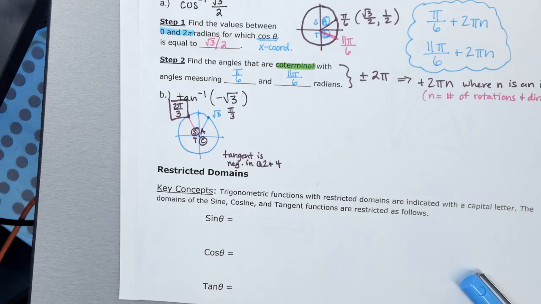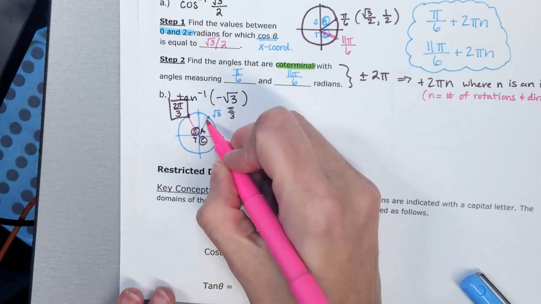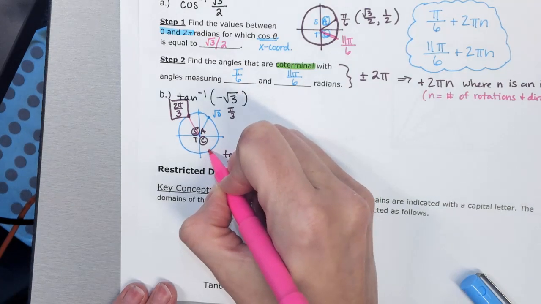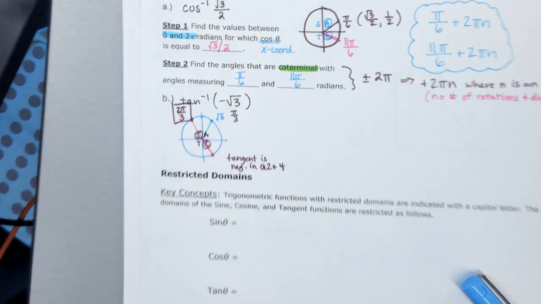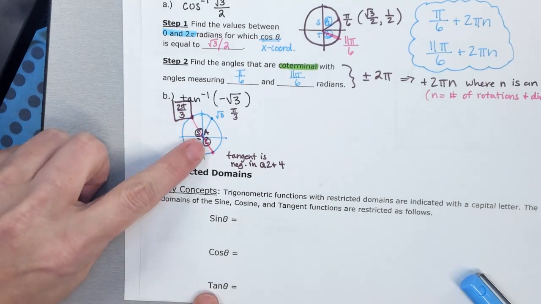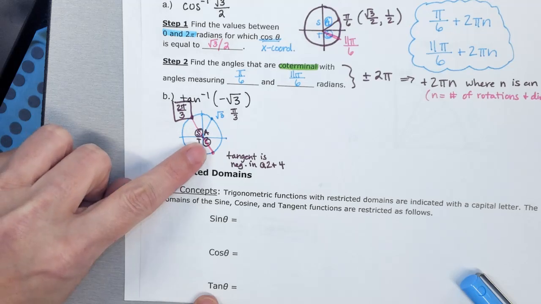And then again, we're going to use a reflection, and this time we're going to do the reflection in what quadrant? Quadrant 4. So if I reflect this point in quadrant 4, I'm here. Now there's a couple different ways you can think about that, but look what these two make. What do they make?